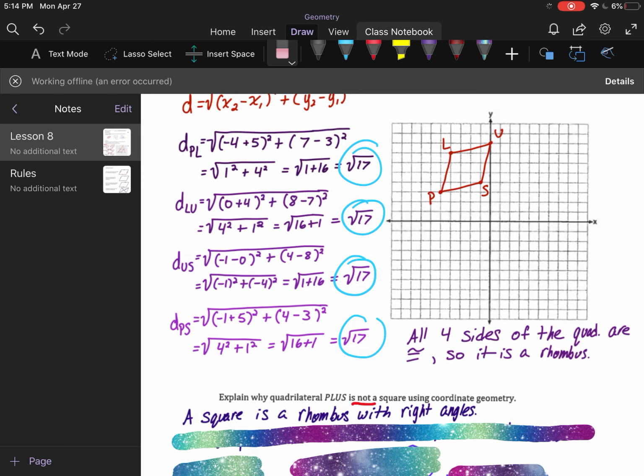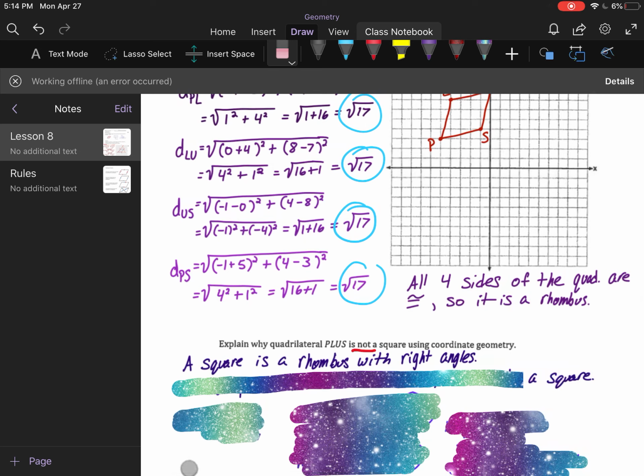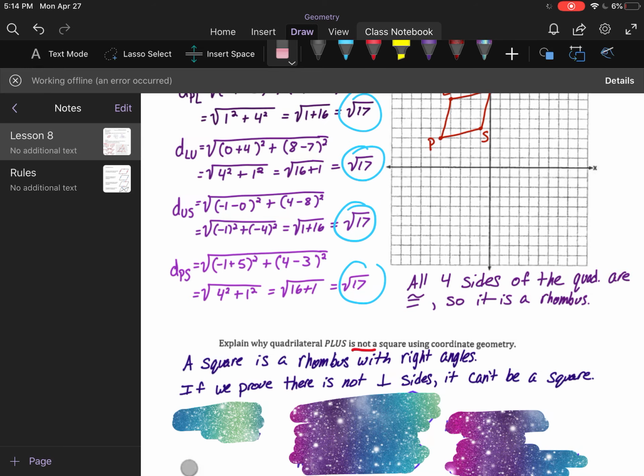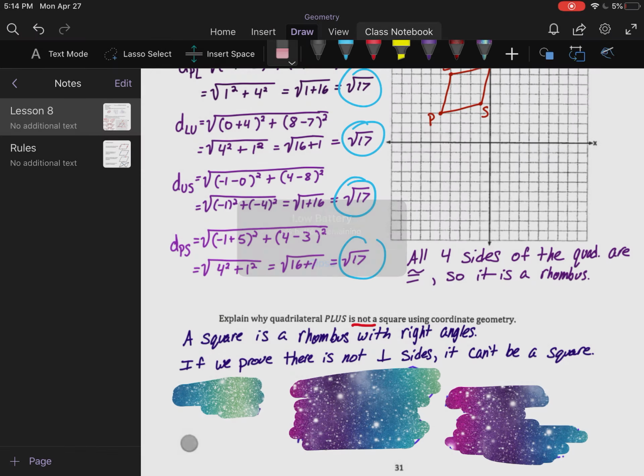So what we're going to do is we're going to do this. If we prove that 2 sides that touch are not perpendicular, then it can't be a square because squares need to have right angles in the corners.